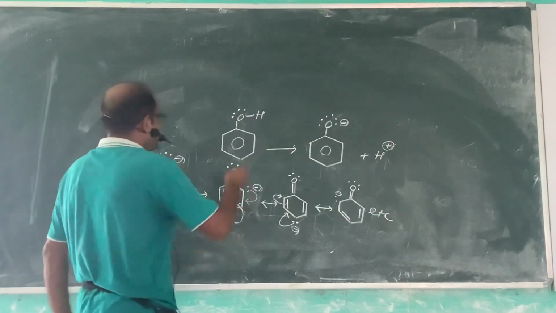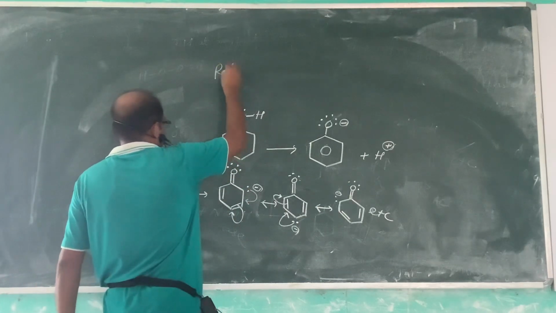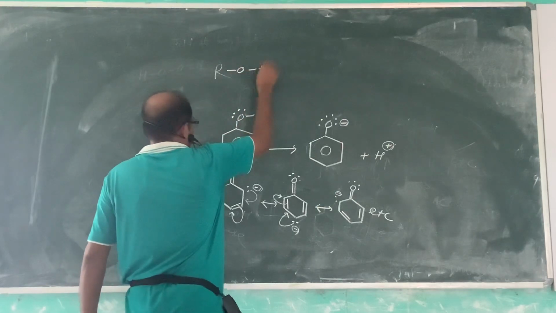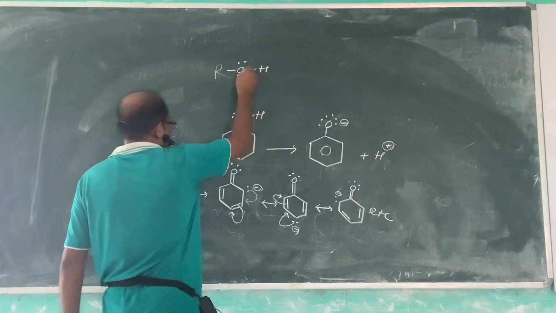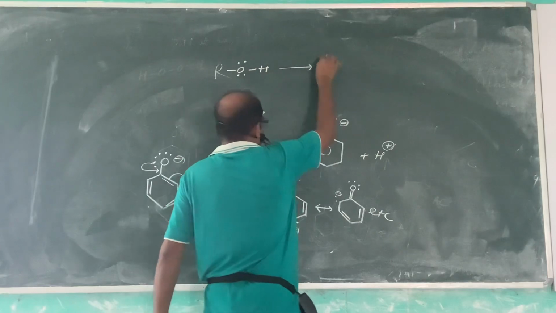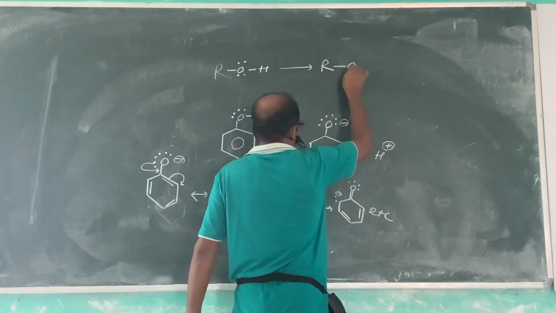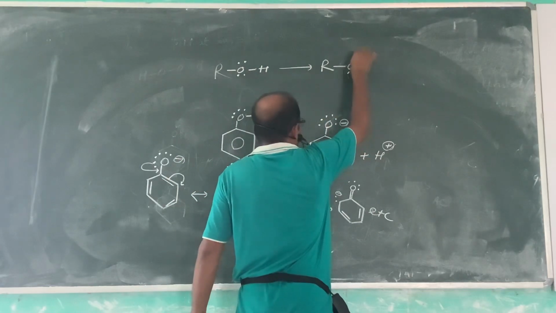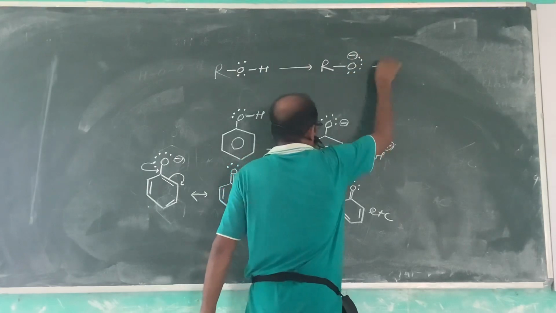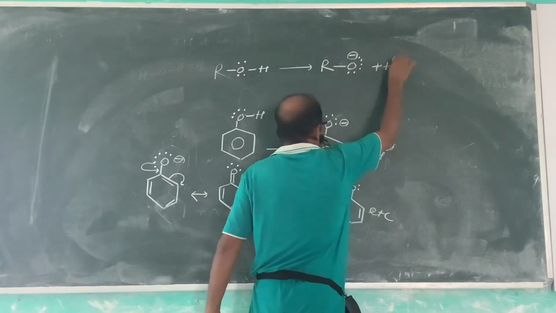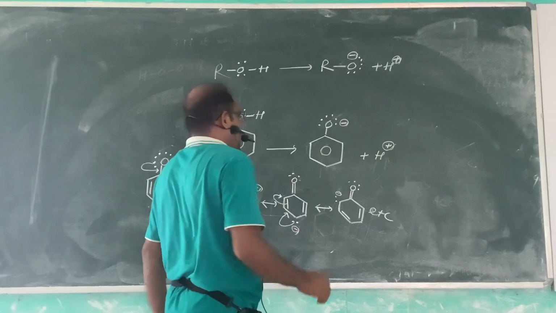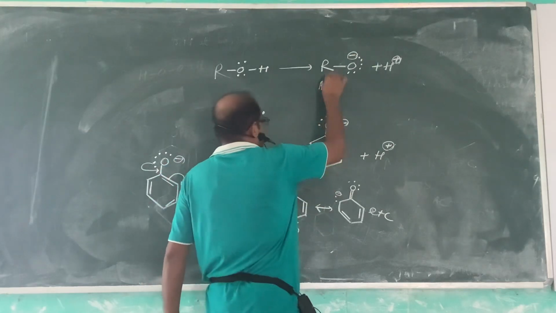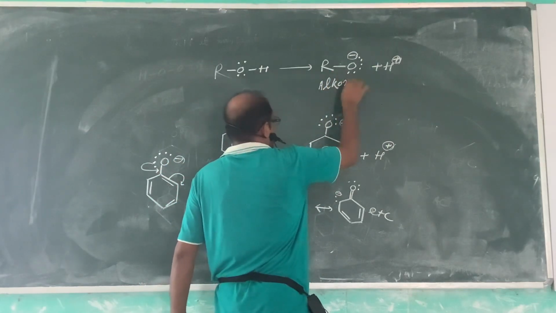When alcohol gives H plus ion, this is the formula for alcohol, it produces alkoxide ion. Alkoxide ion is not a resonance stabilized ion.